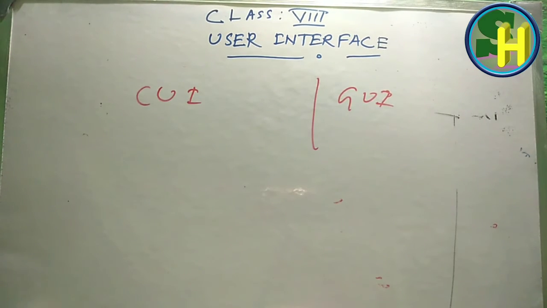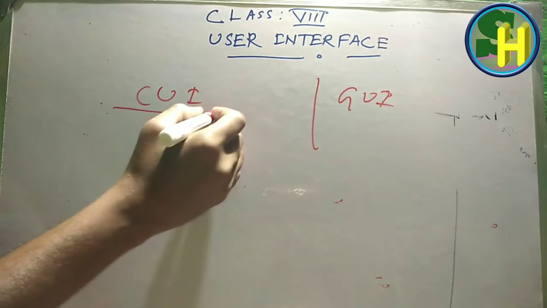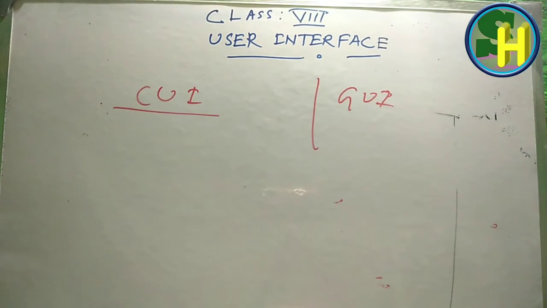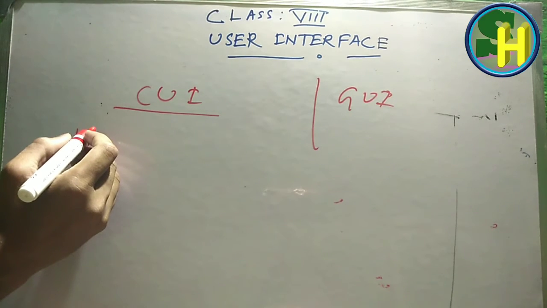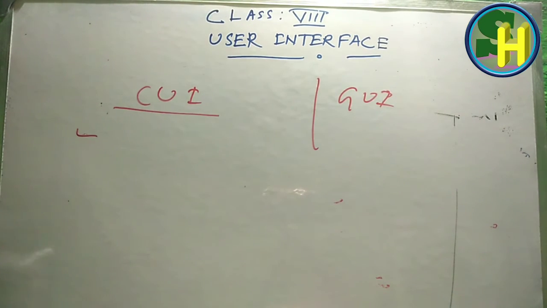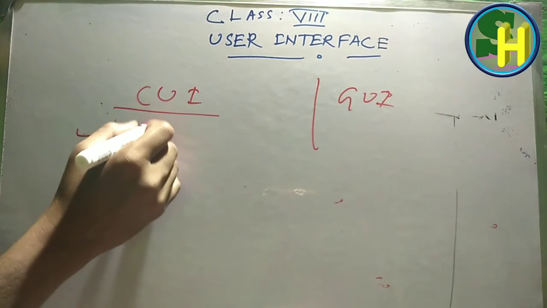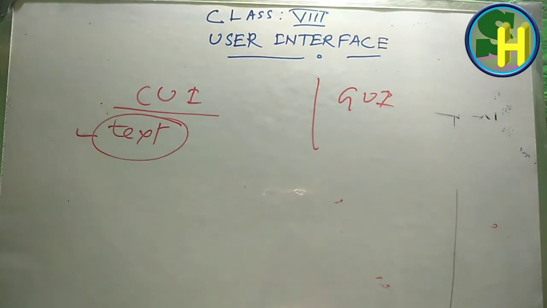Next, differences between CUI and GUI. CUI stands for character user interface, but GUI stands for graphical user interface. In CUI, you use commands like text.